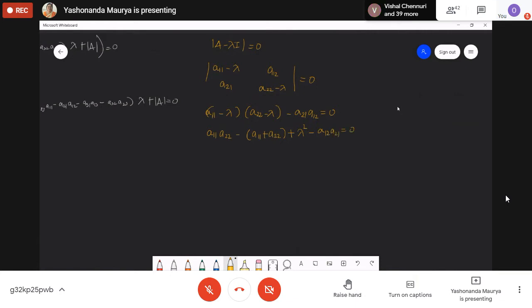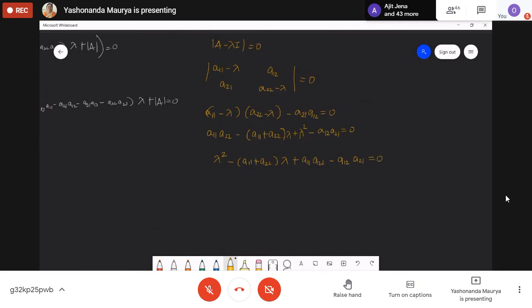I can rearrange it, arranging it in the descending powers of lambda: lambda square minus A11 plus A22 times lambda, plus A11 A22 minus A12 A21 equal to 0.